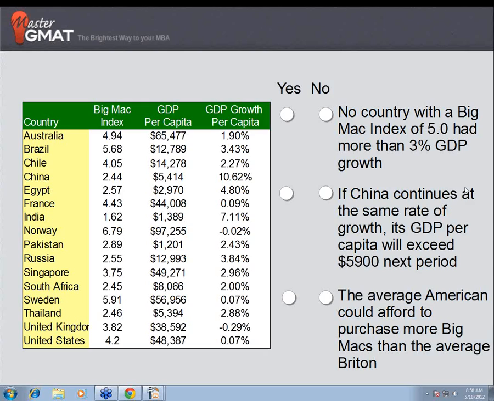Ooh, great point. Actually, it seems like a bit of the text had been chipped off. We had intended the question to say no country with the Big Mac index of more than 5.0 had greater than 3% GDP growth. Gotcha. Yeah, sorry. You know what? We have some really smart and fast people in our community. They're catching on really quickly.